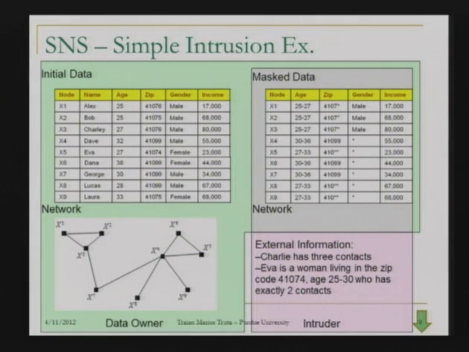In this example, the first three records or tuples, x1, x2, and x3, all have the same combination of age, zip, and gender. As you can see, age is modified from 25, 25, 27 to the interval 25-27. The zip code is modified, and gender is modified as well.